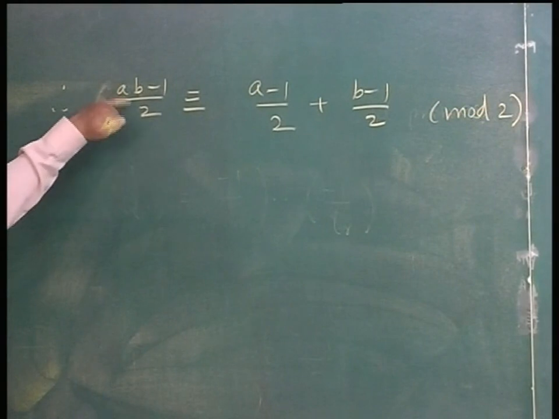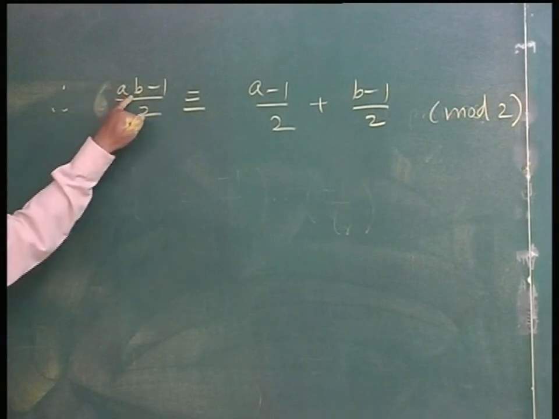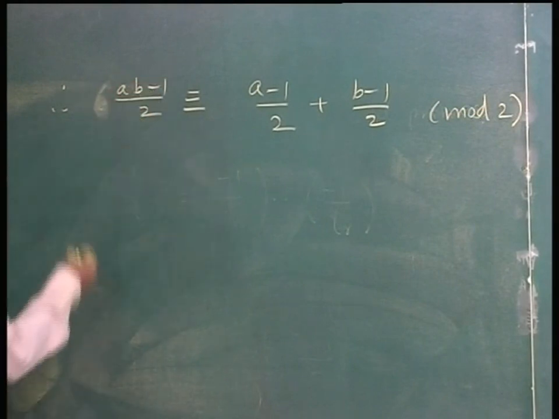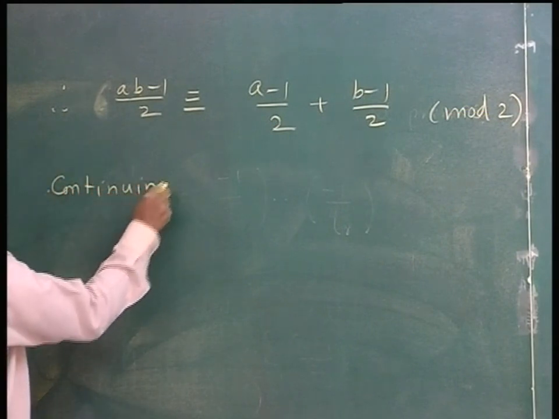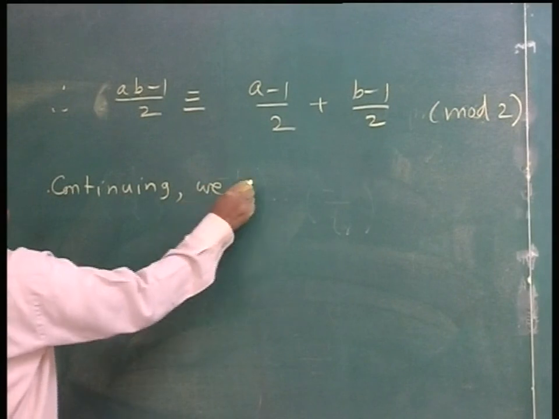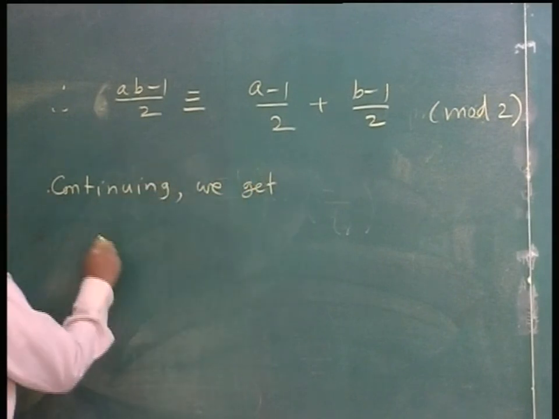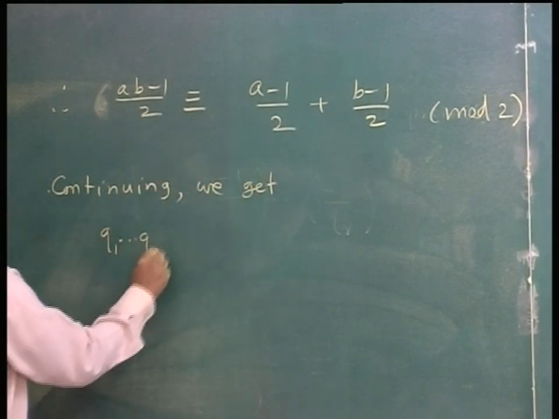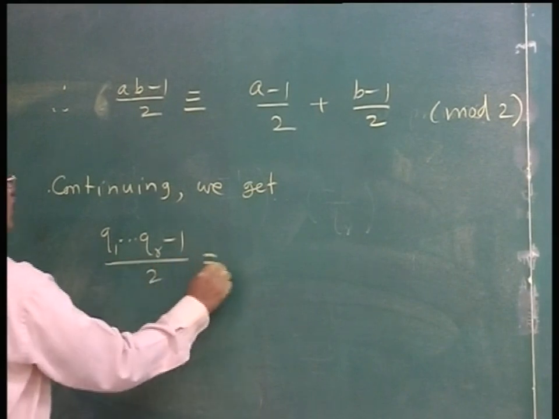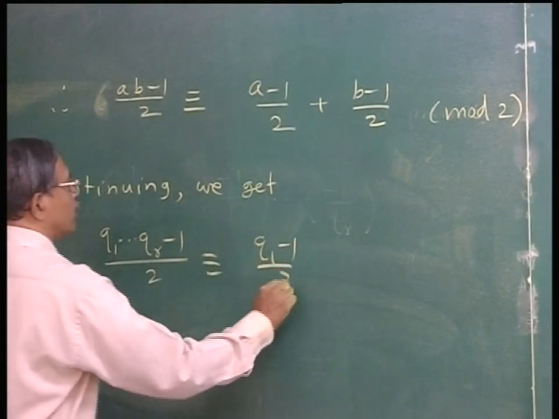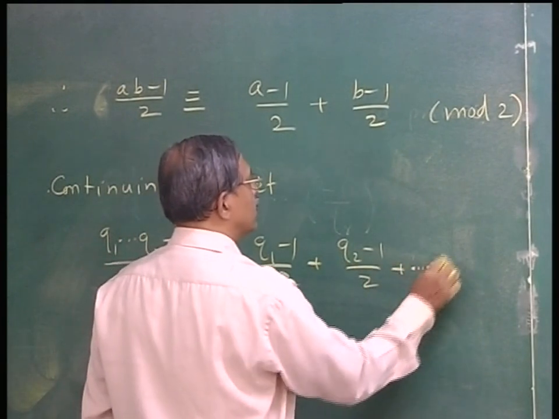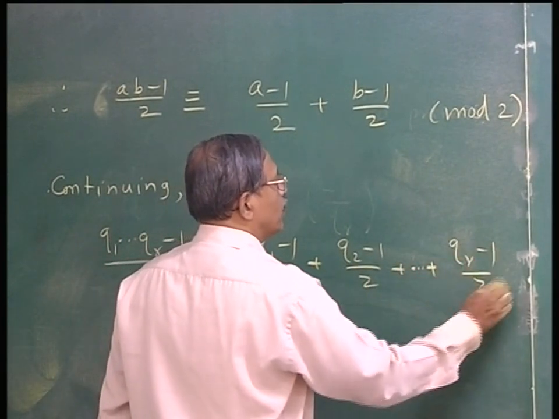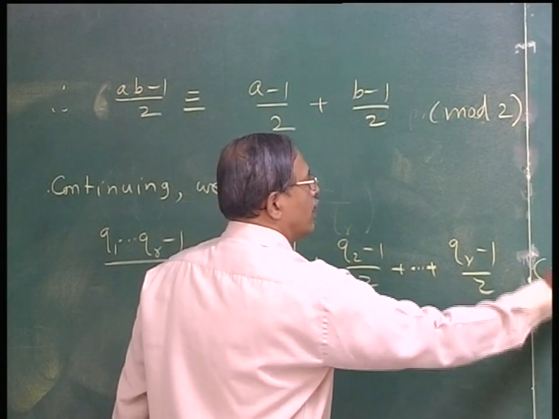So you can have any number, say Q1, Q2, ..., Qr. Therefore, continuing, we get a result of the following type: (Q1Q2...Qr-1)/2 is congruent to (Q1-1)/2 plus (Q2-1)/2 plus ... plus (Qr-1)/2 mod 2.